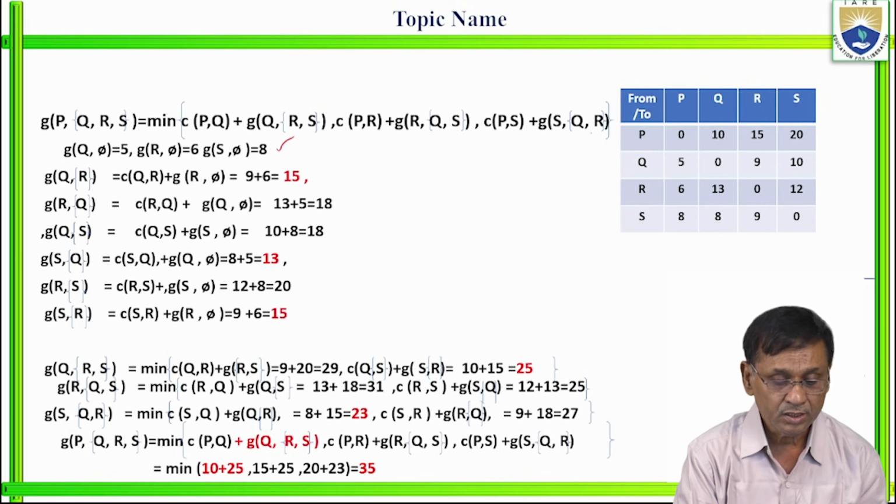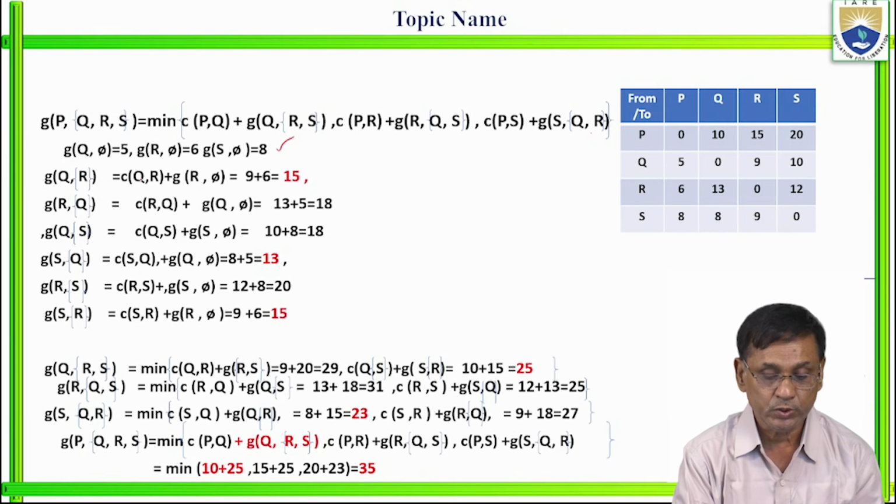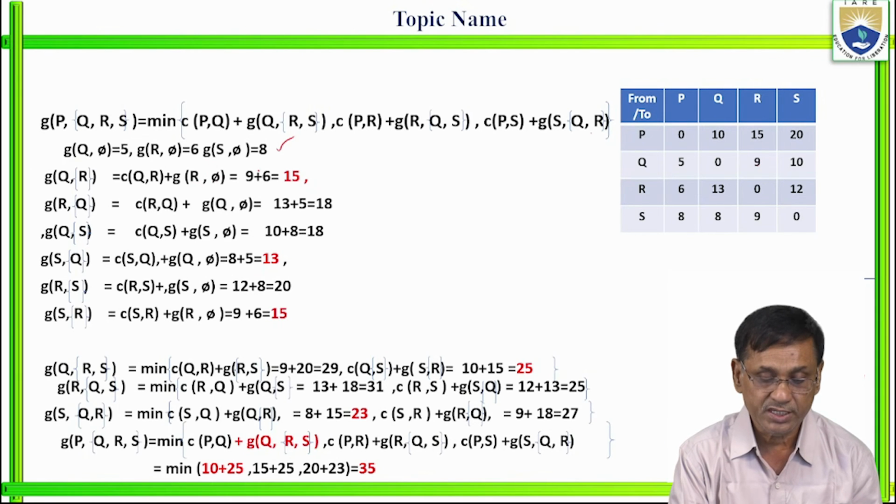Then cost of going from city Q to the rest of the cities, that is the set of cities R, is equal to cost of going from city Q to R plus cost of going from city R to the rest of cities, that means coming back to the initial city P, that is equal to 9 plus 6. Q to R is 9. The cost from R to P is equal to 6.